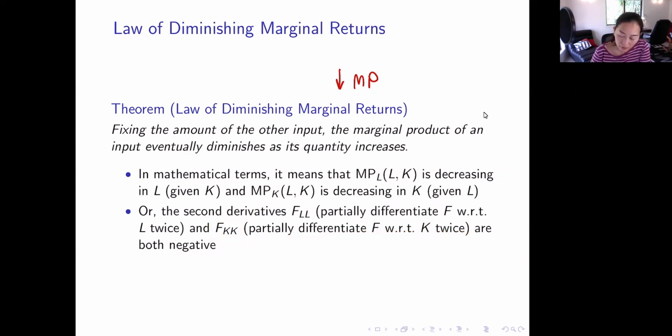Let me try to convince you of the concept of diminishing marginal returns. Let's say I have capital and labor, and I fix capital. So my capital is this fixed size of land.